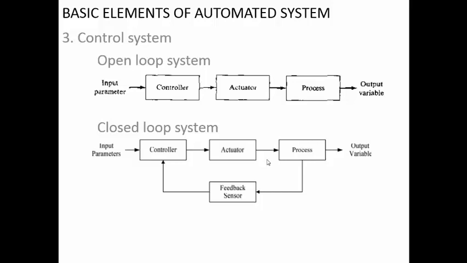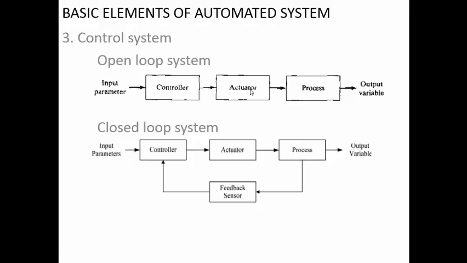So there are basically two types of control systems. One is an open loop control system, the other one is a closed loop control system. It is shown in the figure. In the open loop control system, you will have the input parameter, that is the process parameter specified in the program of instructions, that will be read by the controller. The controller will give the signal to the actuator. The actuator, in the case of a machine tool, will be the motor.